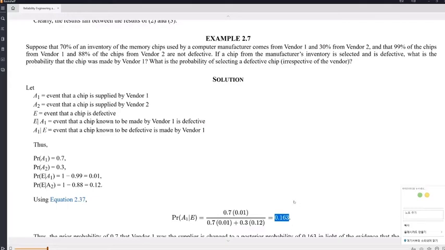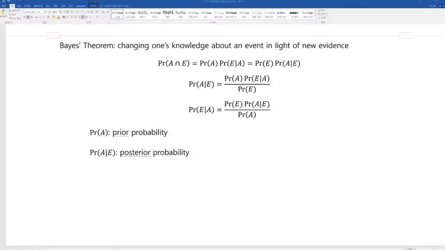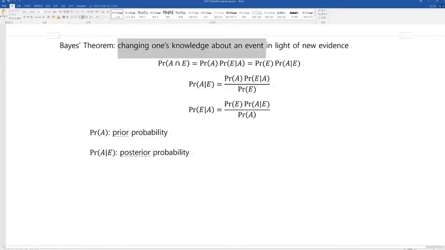As I told you, this Bayes theorem changes our knowledge about an event. In this case, the event was that the chip came from vendor 1.